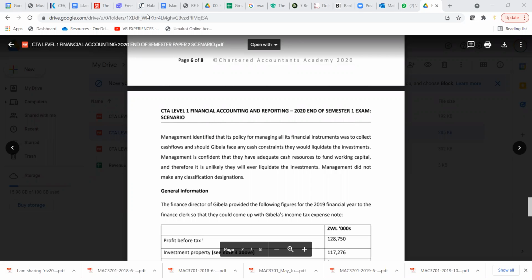One condition is the financial asset is held within the business model whose objective is achieved by collecting cash flows and selling the financial asset at the end. The contractual terms of the financial asset give rise on specified dates to cash flows that are solely payments of principal and interest on the principal amount outstanding.